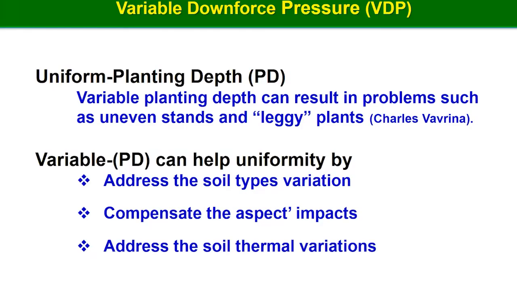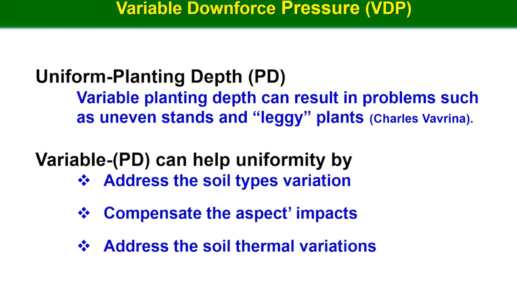So based on these two clips, or these two machines, they maintain uniform planting depth. But this is not what we want. We want some areas to be planted deeper or some areas shallower to compensate for the temperature variation, which causes the non-uniformity.